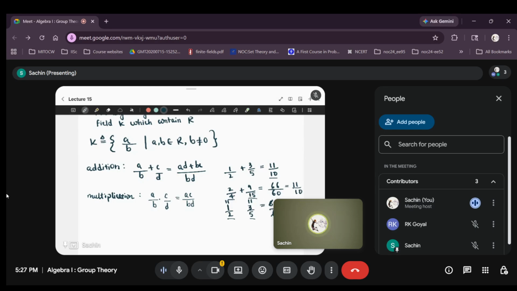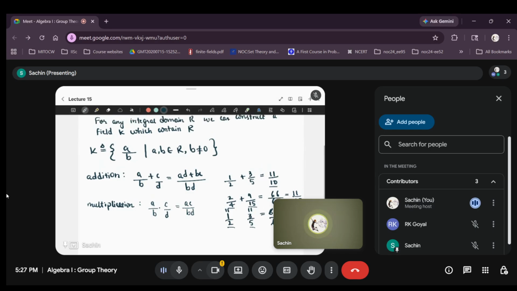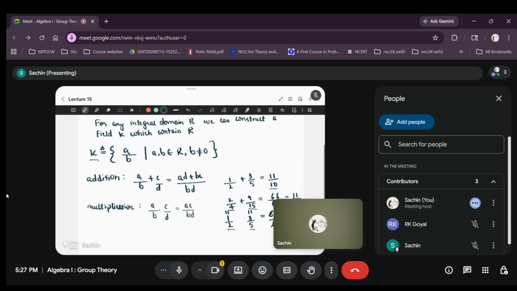These types of things make sense here, 6 into 11 factorization, that you can do because they are actually numbers. But the way I have defined K, it is with any arbitrary ring, any arbitrary integral domain. But for any arbitrary integral domain, what is this notion of factorization?